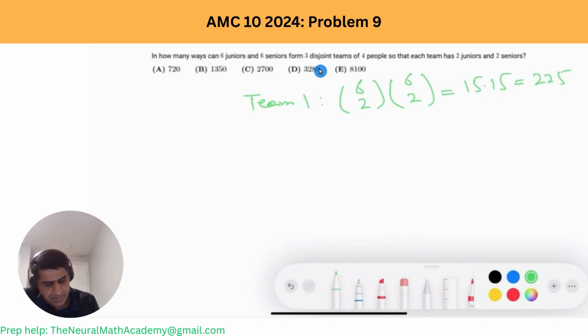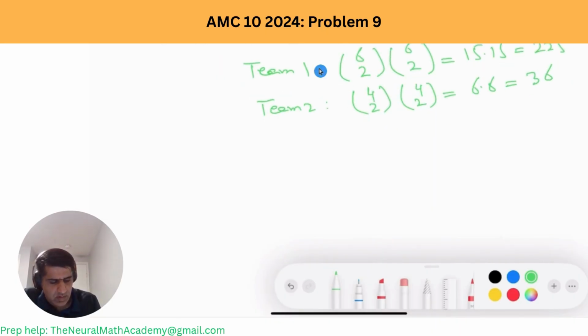If we solve this, then for team 1, the number of ways possible is 225. Now let's look at team 2. For team 2 we are left with 4 seniors and we are choosing 2 from them. Similarly we are left with 4 juniors and we are choosing 2. If I solve, I will get 36. And for team 3, only one option is left since there are only 2 juniors and 2 seniors left, so there is only one way.